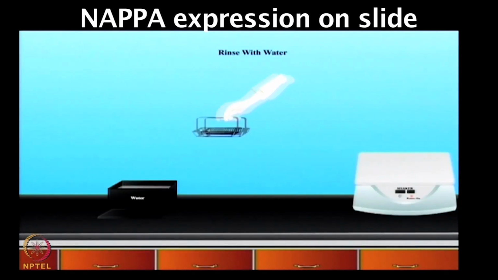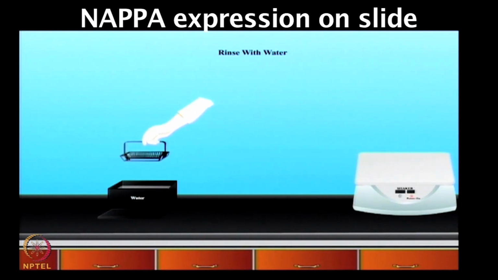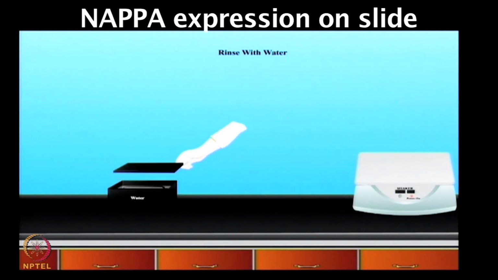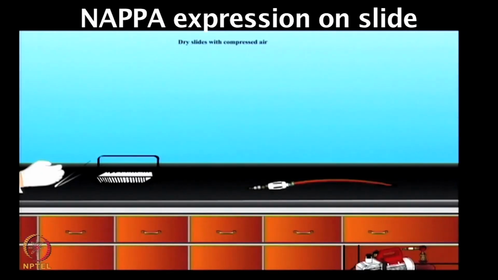After adding the TSA solution and incubation, then we need to wash the arrays in water very quickly, so that excess TSA is removed. Now, we need to dry the slides with compressed air, or the drying step can also be performed by using centrifugation.